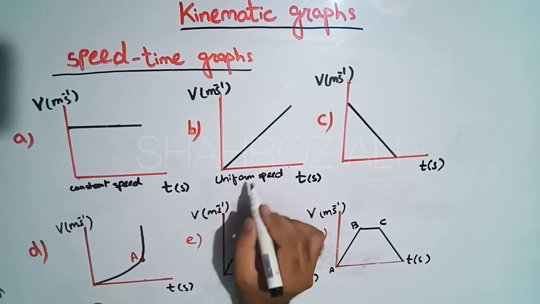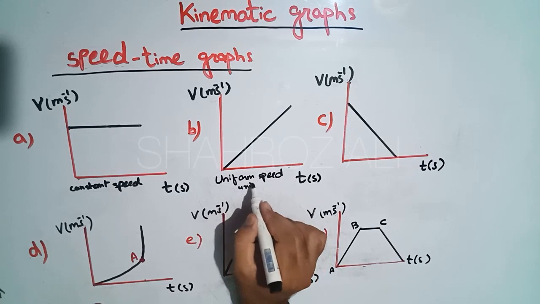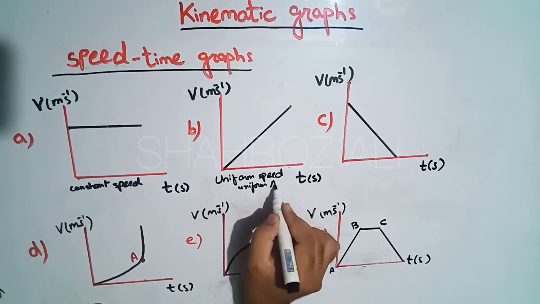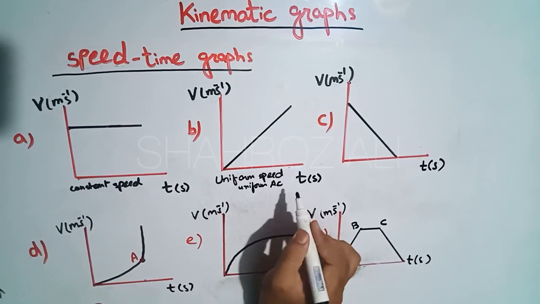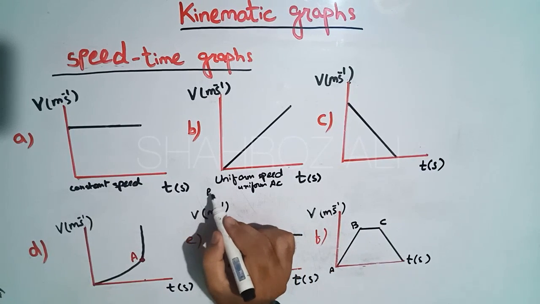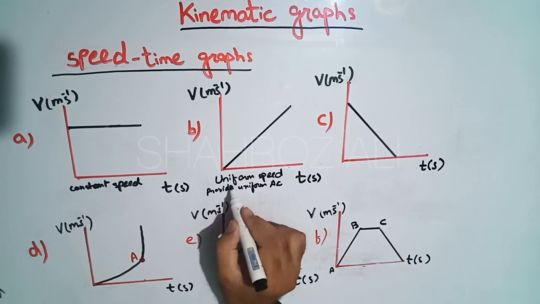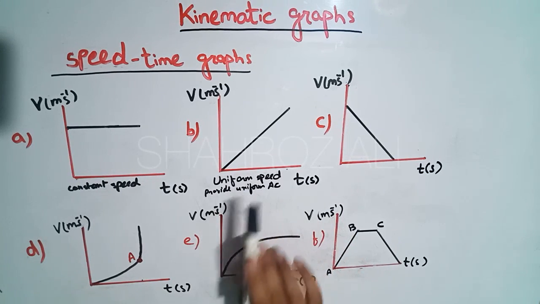Uniform speed can give us uniform acceleration, so I am writing here AC, acceleration. Mean to say acceleration is not changing here in the second graph.